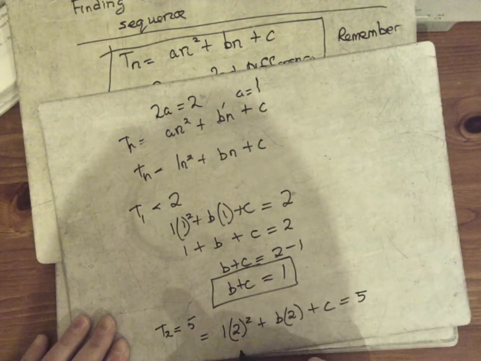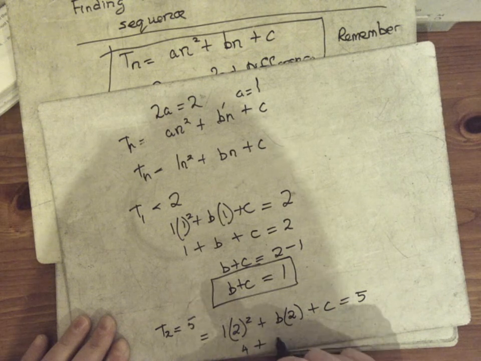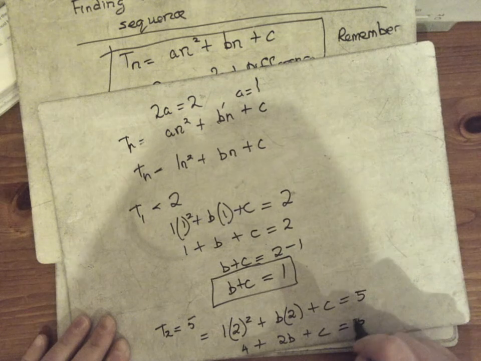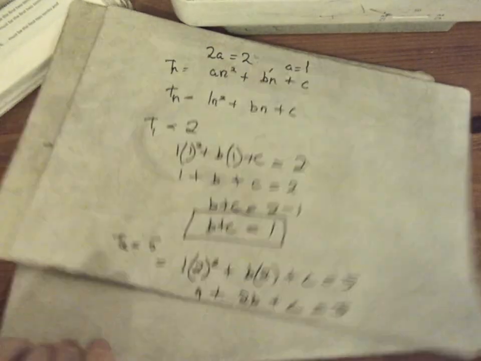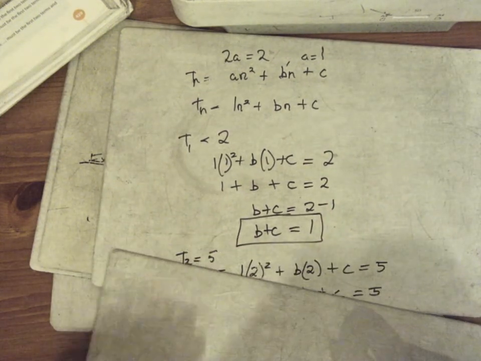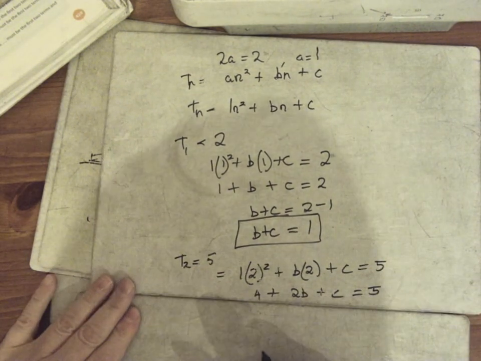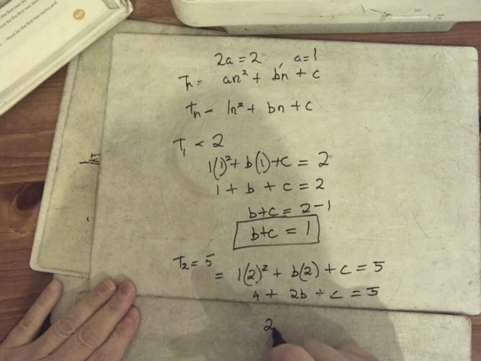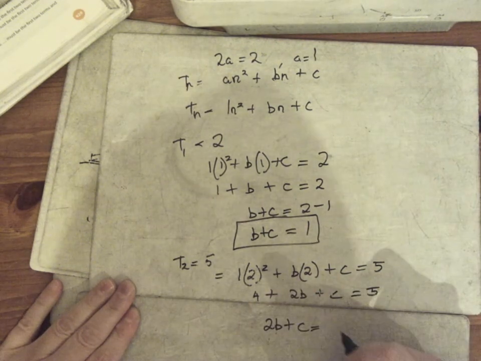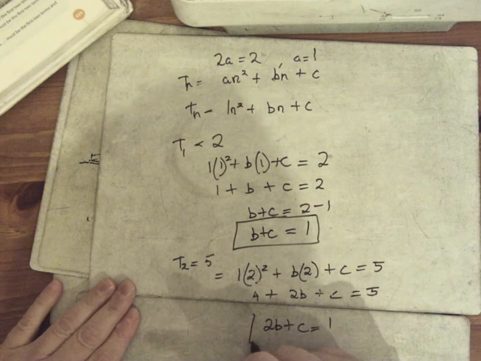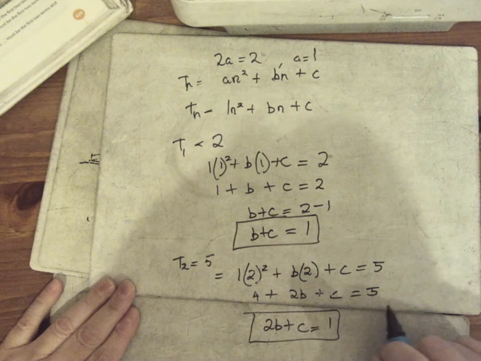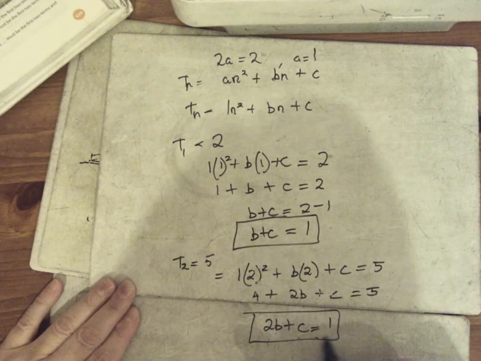So multiplying out there, that's 4 plus 2b plus c equals 5. Simplifying that, I'll get 2b plus c equals 5 minus 4, which is 1. I've just taken a shortcut there, I should have written out 2b plus c equals 5 minus 4. So that means 2b plus c equals 1.